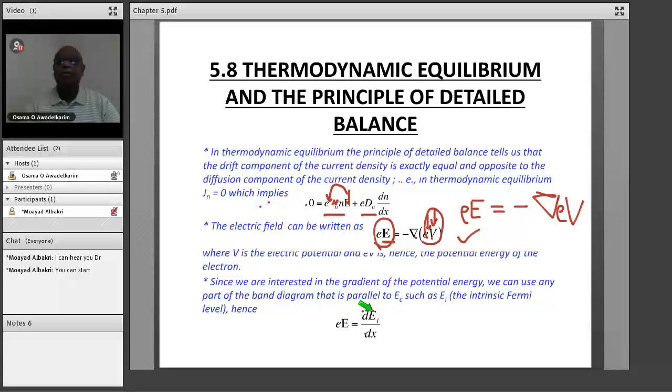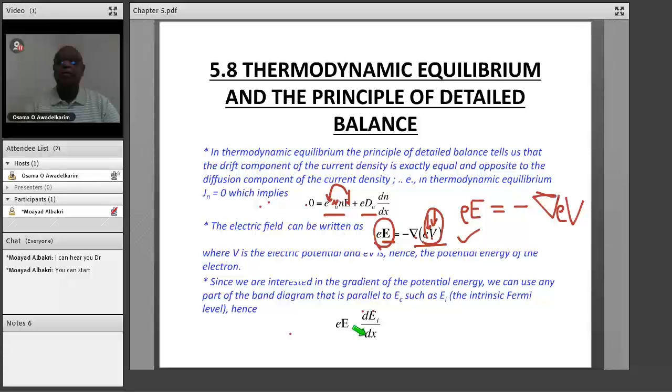So this gradient can be written as dEi/dx, where Ei is the intrinsic Fermi level. So this e times capital E can be substituted by the position derivative of the intrinsic Fermi level.